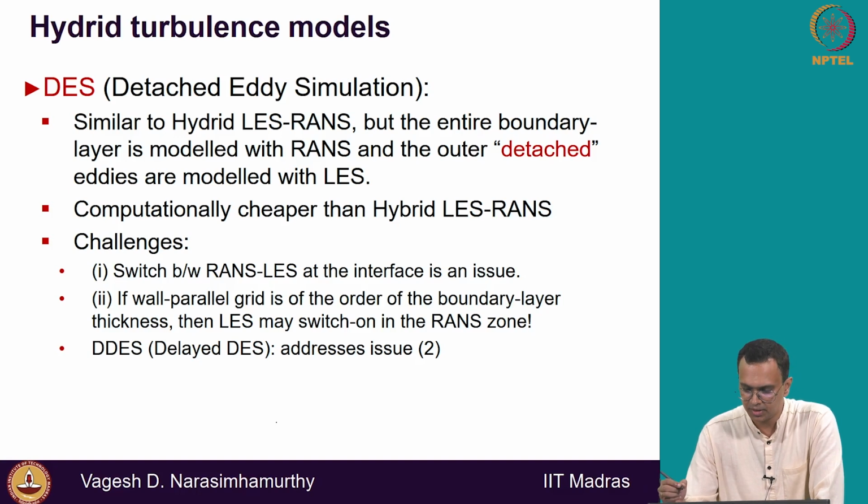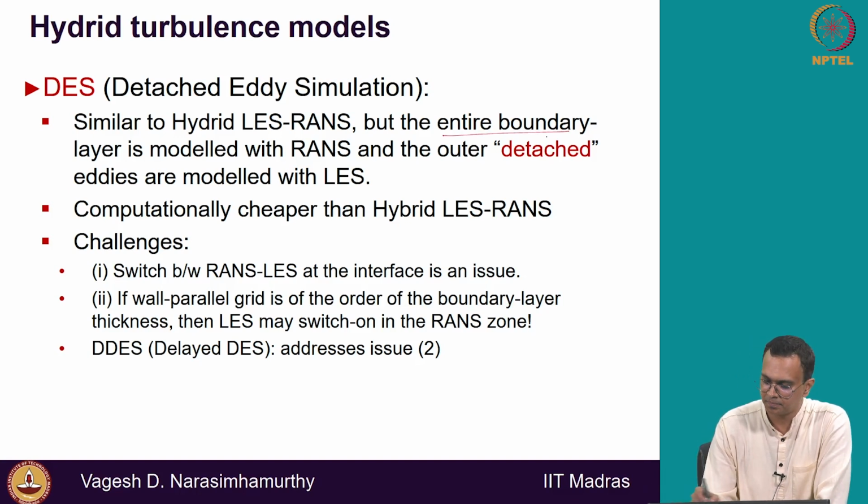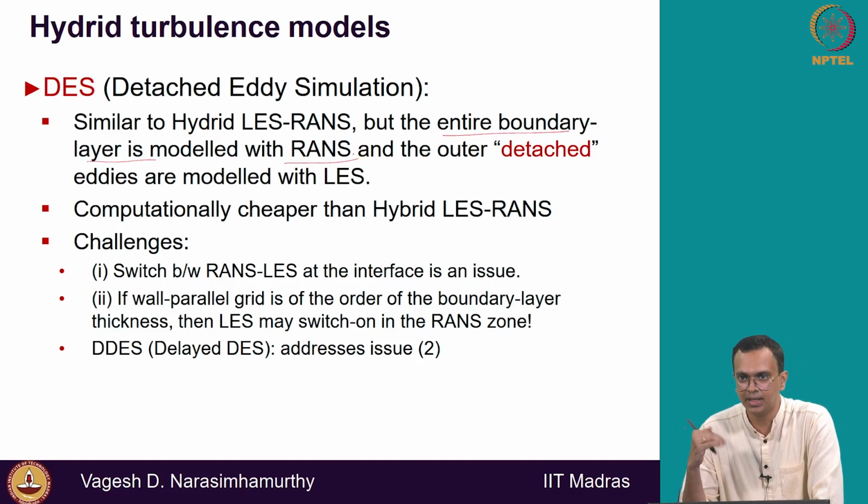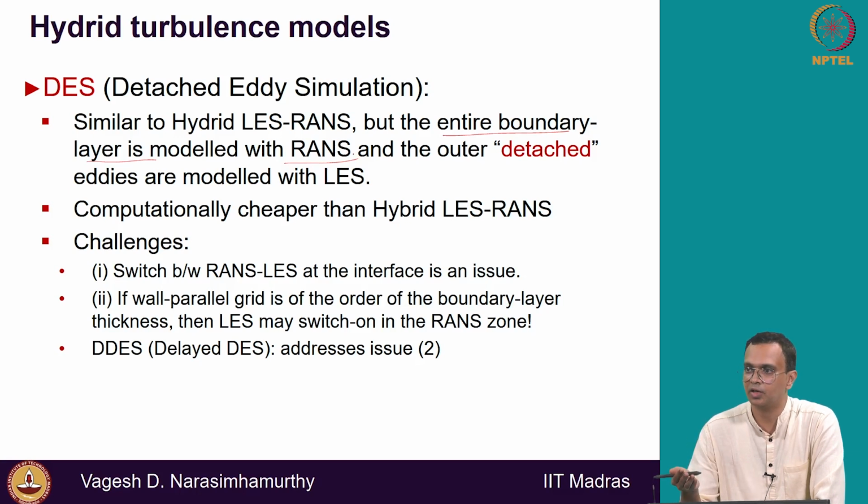So what is different is here the entire boundary layer is modeled with RANS. So in hybrid LES RANS, only the inner layer is RANS, and the outer turbulent layer is still LES. But in DES, this is much more economical.